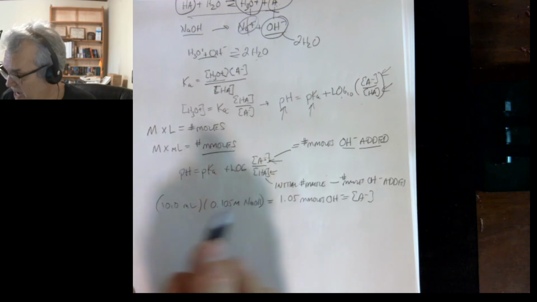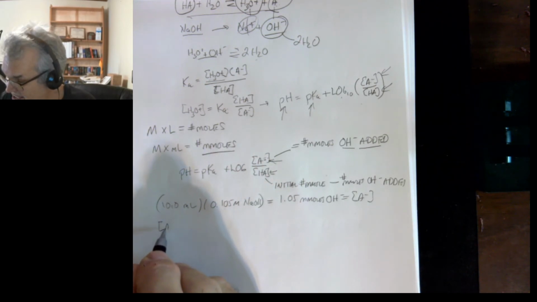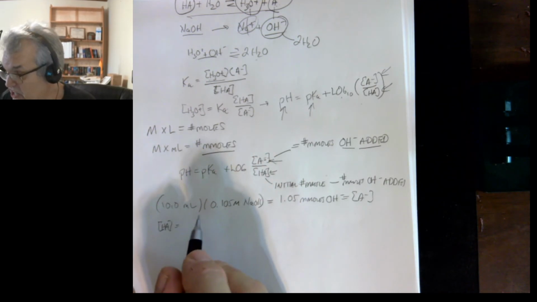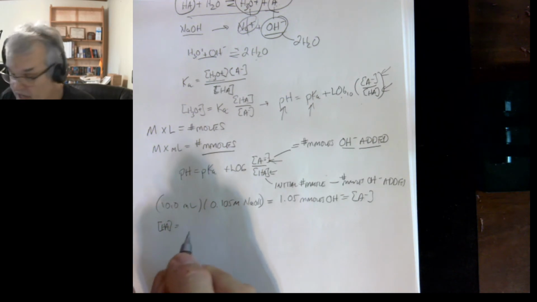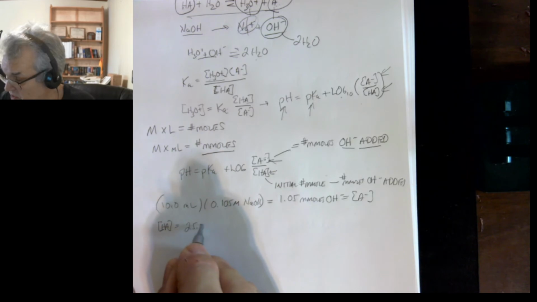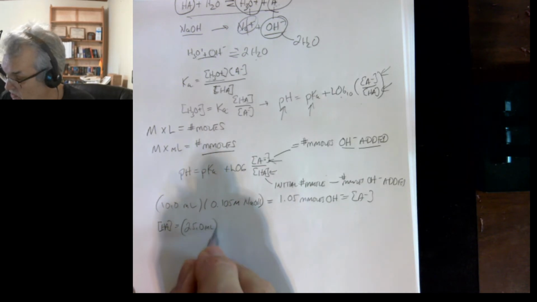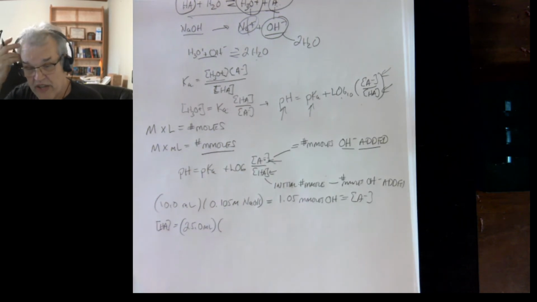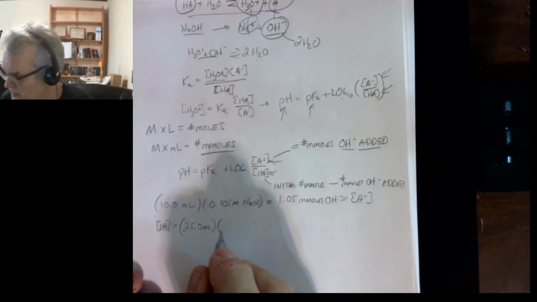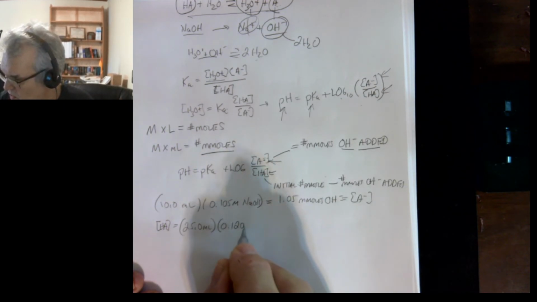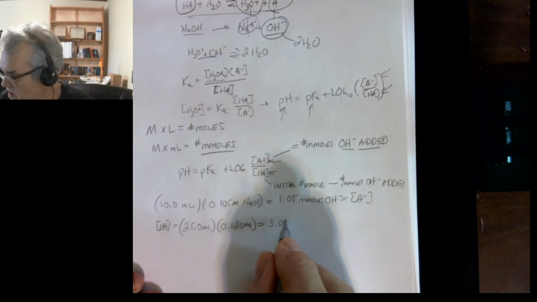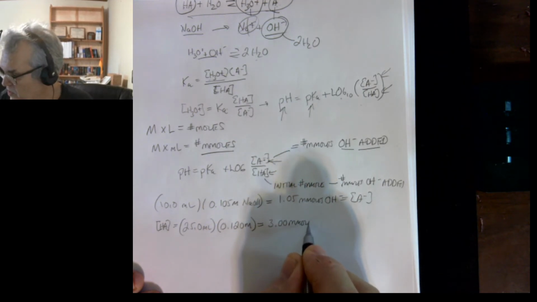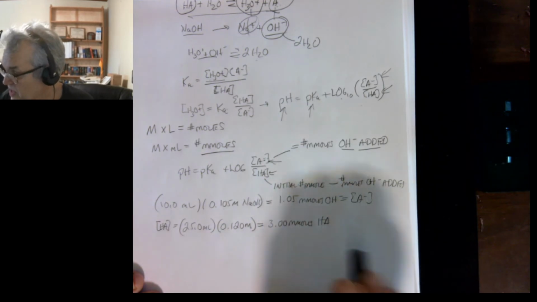But how about HA? Well, HA is going to be equal to the initial number. What's the initial number? We had 25 milliliters. Remember, it gave us the number of milliliters of acid, 25 milliliters times our concentration of acid, which was 0.120 molar. That means we started off with 3.00 millimoles of HA.